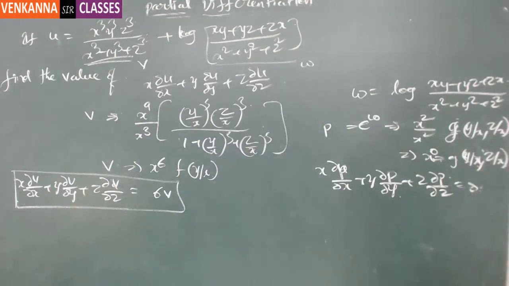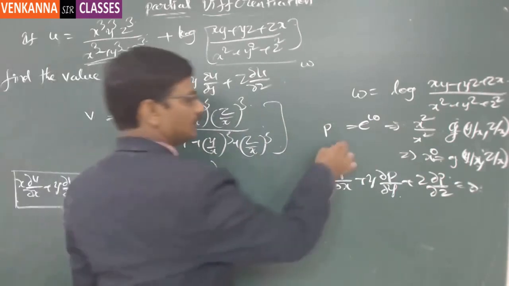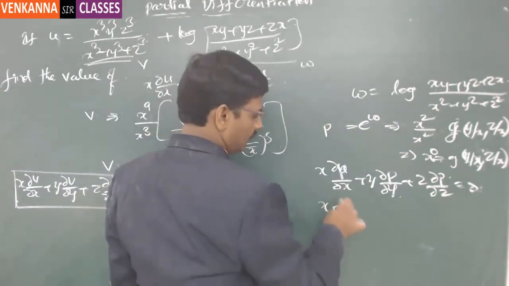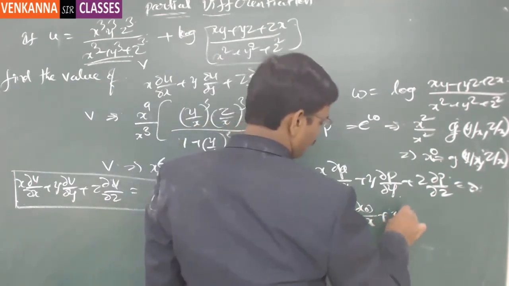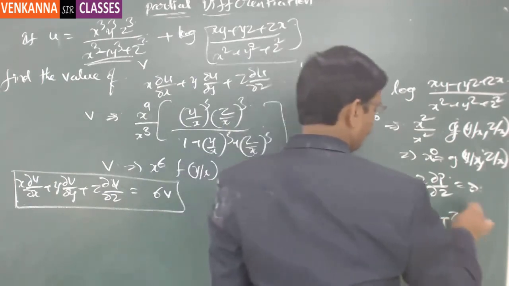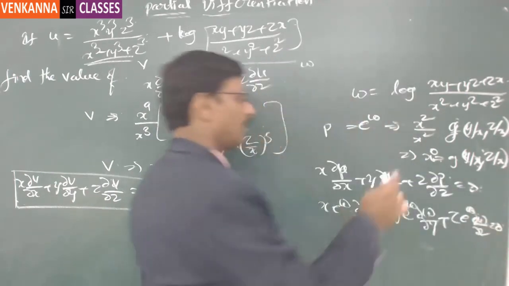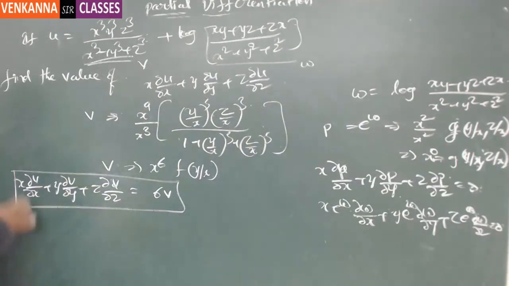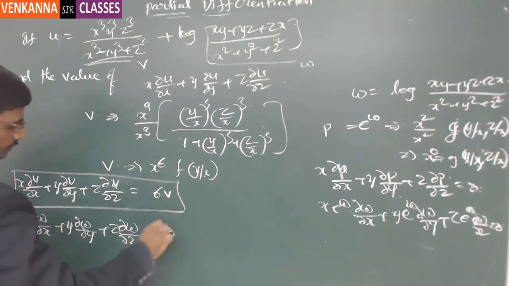Now in terms of w, ∂p/∂x is nothing but e power w into ∂w/∂x. So x into e power w into ∂w/∂x plus y into e power w into ∂w/∂y plus z into e power w into ∂w/∂z is equal to 0. Now e power w you can take out and cancel, and what is left over is x ∂w/∂x plus y ∂w/∂y plus z ∂w/∂z is equal to 0.